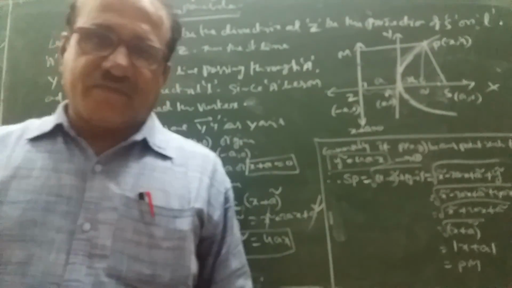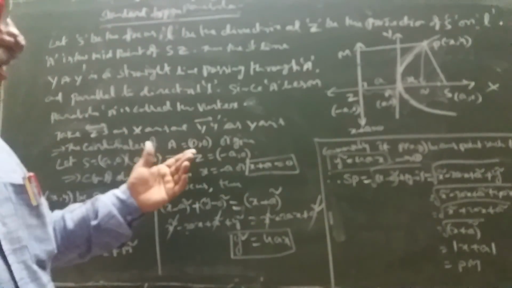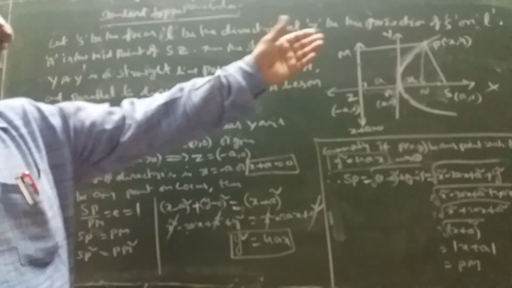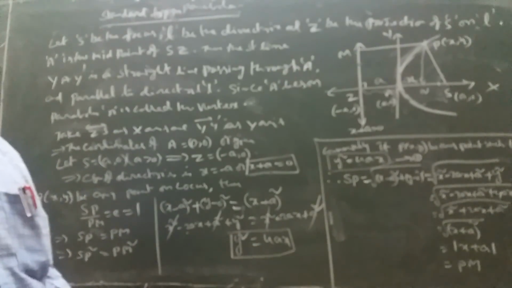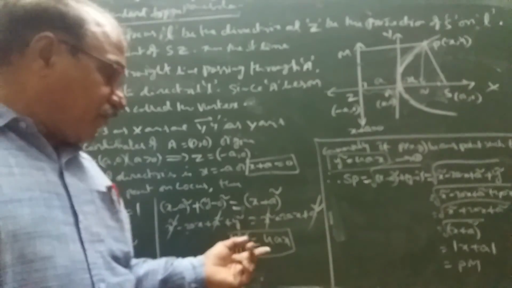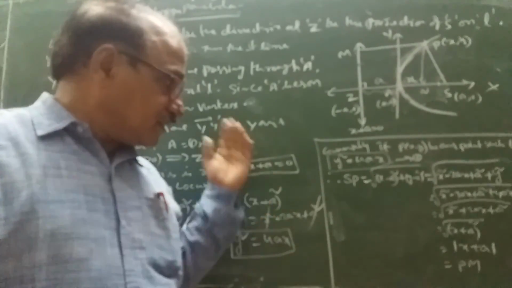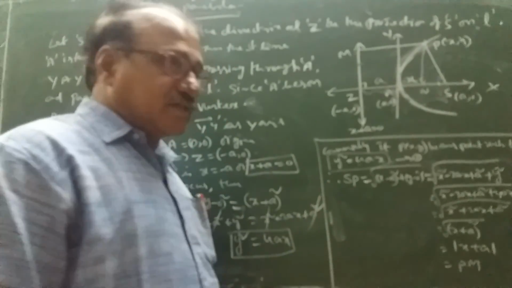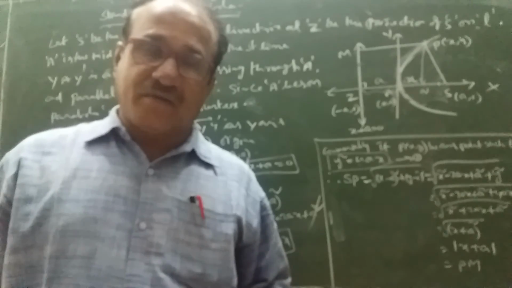standard form of parabola. So, if we take P(x, y) on the parabola, then it satisfies y square is equal to 4ax. If P is any point satisfying y square is equal to 4ax, then it satisfies SP is equal to PM. That is the definition of parabola.